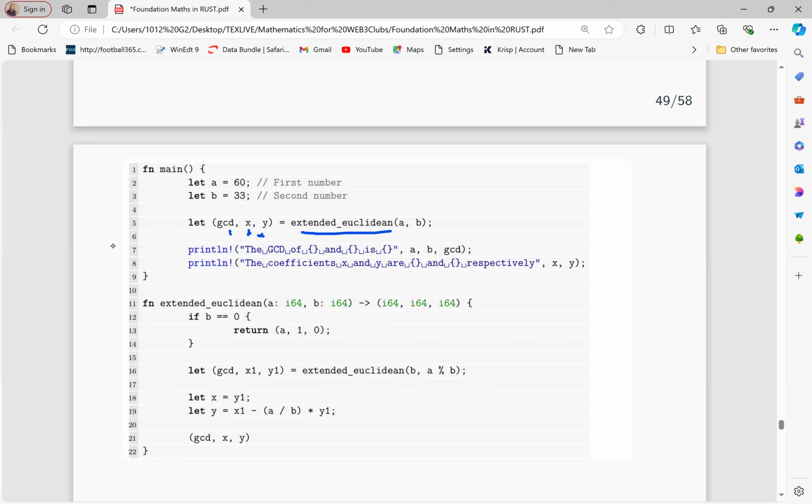So this is what it prints: the GCD of this number and this number is this, where this number is A and this number is B, and this is the GCD. And then it also prints the coefficients x and y are this and this respectively.